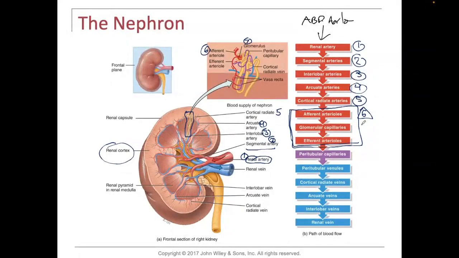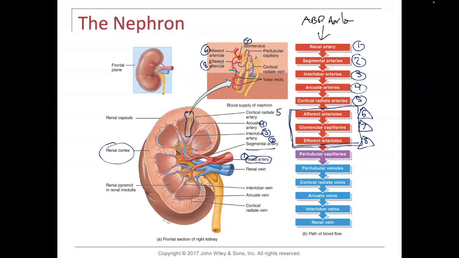Here it's referred to as the glomerular capillaries. And then this blood vessel coming out of it is called, number eight, the efferent arteriole. So again, we have an afferent arteriole coming in to this glomerulus and an efferent arteriole coming out. Afferent goes in, efferent comes out.